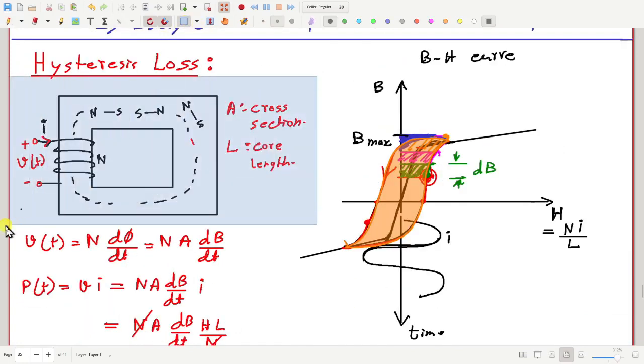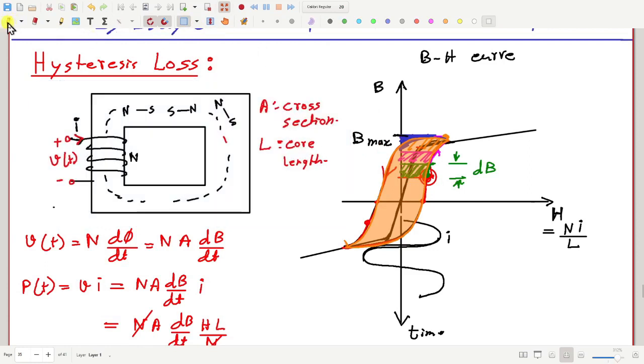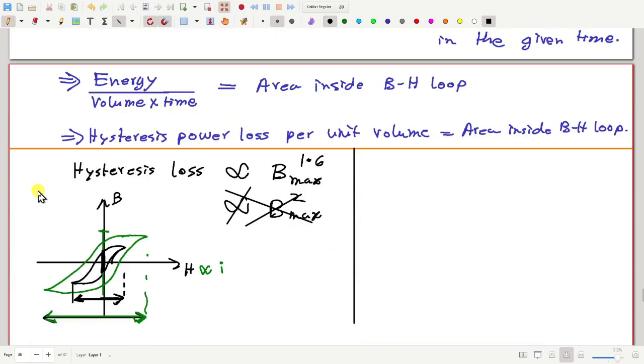Let me get some space. Okay, suppose this is V1. We previously said that V1 is equal to root 2 pi phi max, so that means B max into area into n into frequency f.